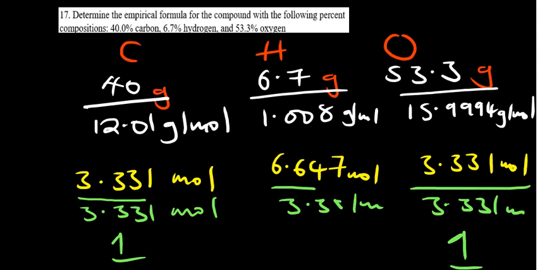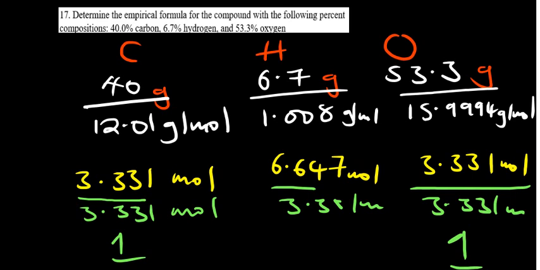For the middle part, 6.647 divided by 3.331. The actual value that I'm getting is 1.995.